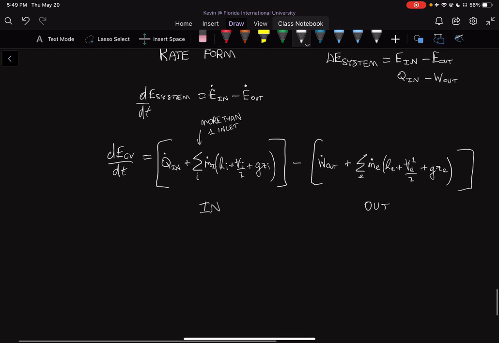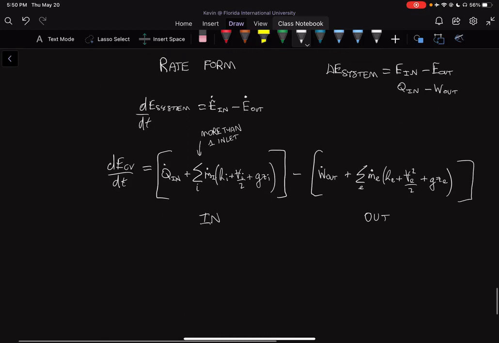Now, the rate form of energy is energy per second, okay, or kilojoules per second. The unit that we use the most in this class is kilojoules per second or joules per second. And this can also be written as kilowatts. And it can also be called power.